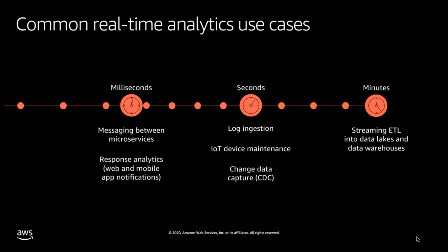And then on the right-hand side, we have minutes. Here, presumably, we've processed some of the data and kept only the most important bits of it. Then periodically, every few minutes, we'd like to stream this data, perhaps transform it along the way by dropping some columns, adding some more data, or filtering some of the data out. And then ultimately, we store it into data lakes or data warehouses.